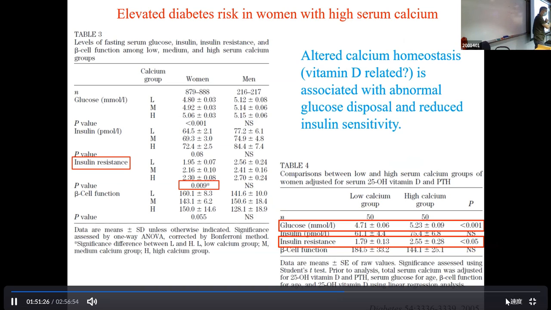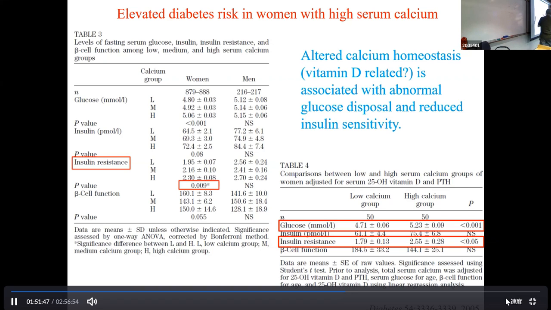There are actually many studies relating just blood calcium. I'm not talking about bone calcium, okay? I'm talking about blood calcium. Elevated diabetes risk in women with high serum calcium, okay?